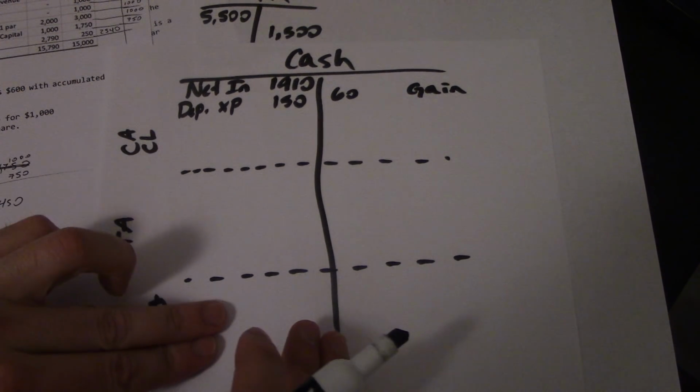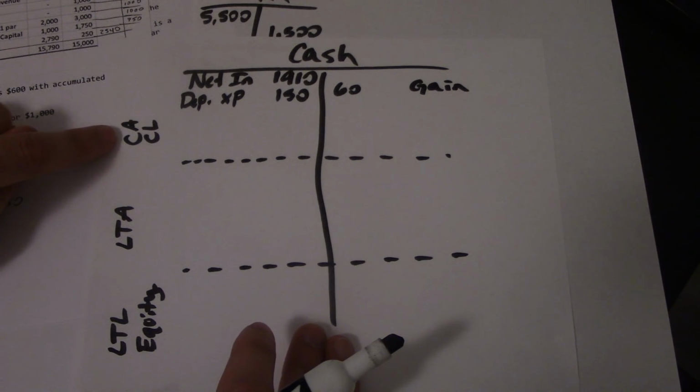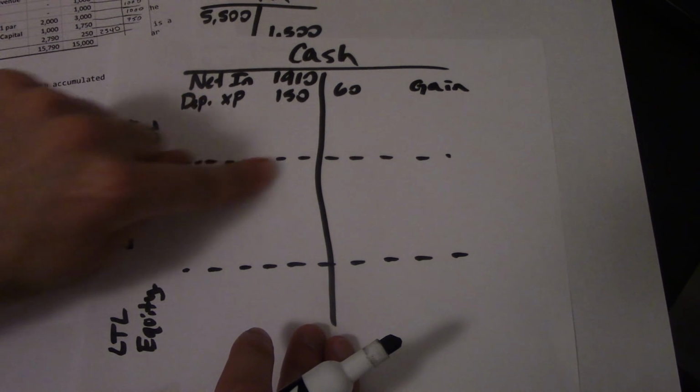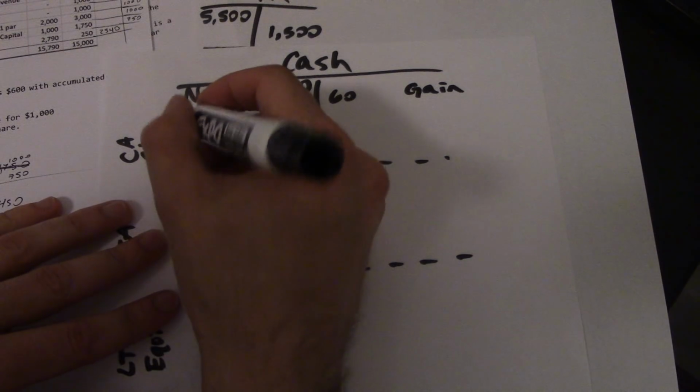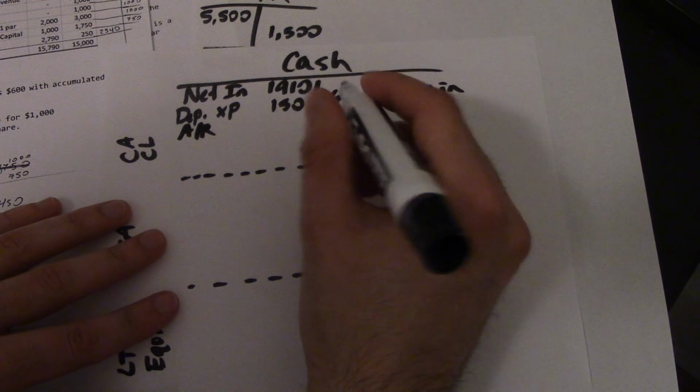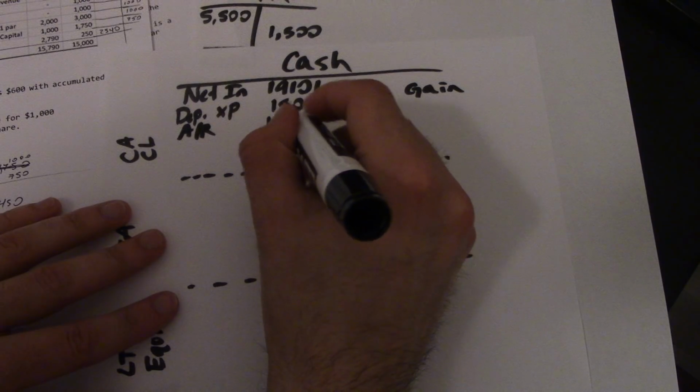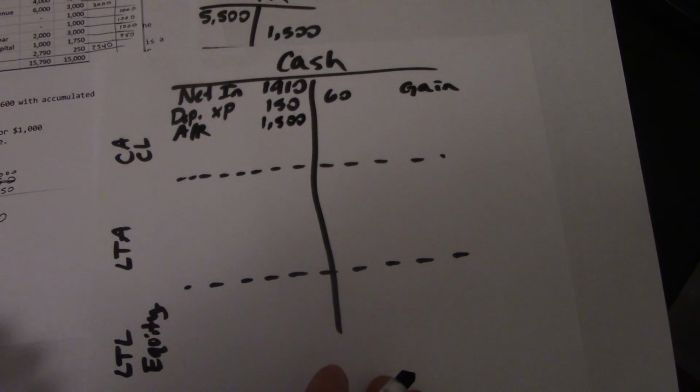In which section, you ask? Well, accounts receivable is a current asset, so it's going to be in the operating section. So we've got accounts receivable by 1,500. There we go.